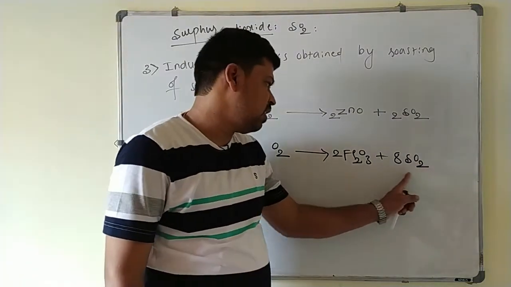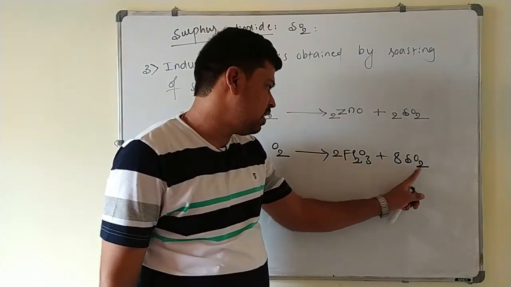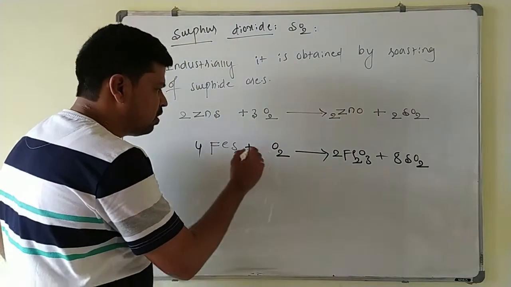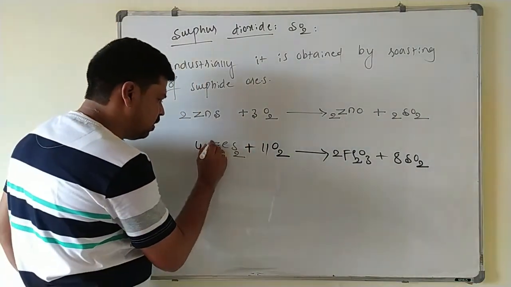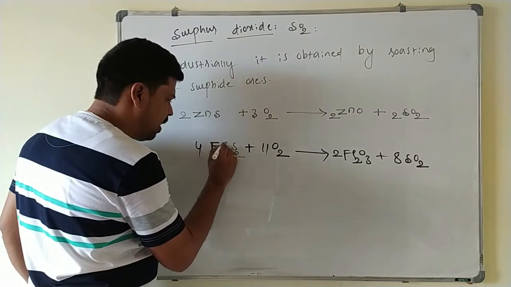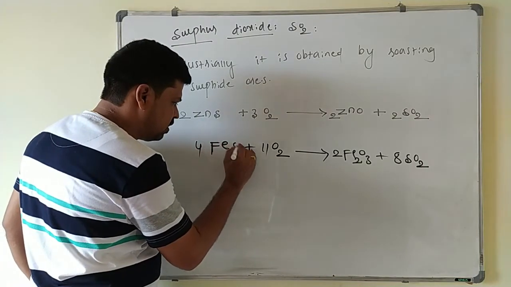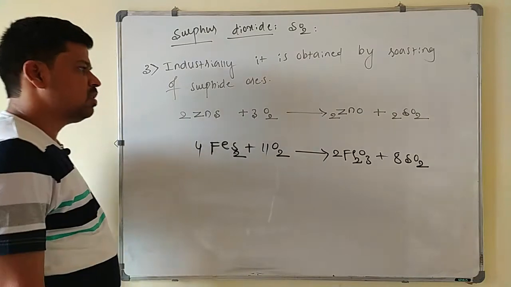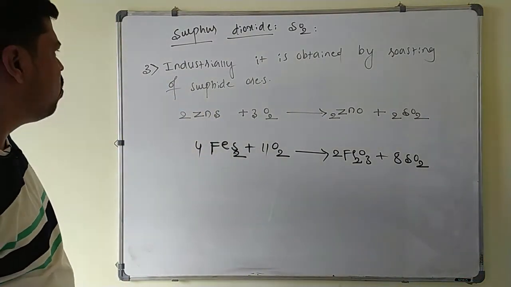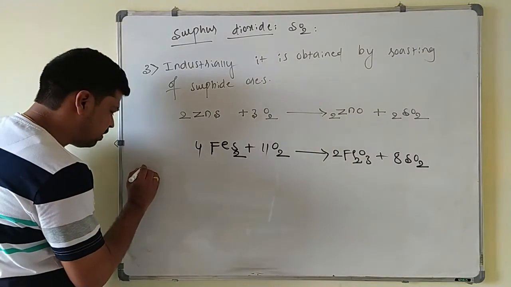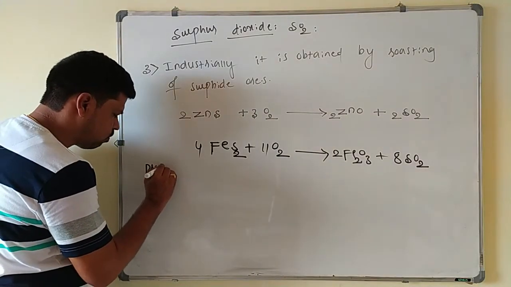Total how many oxygens here? 22 oxygens, 8 times 2 is 16 plus 6, that is 22. In order to balance that, we will take 11 O2. This FeS2 is iron pyrites. So this is the industrial method for the preparation of SO2.